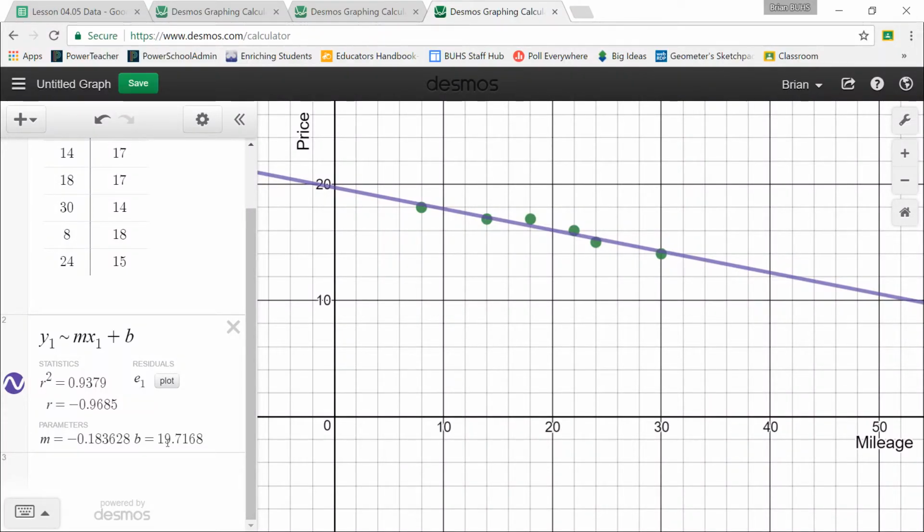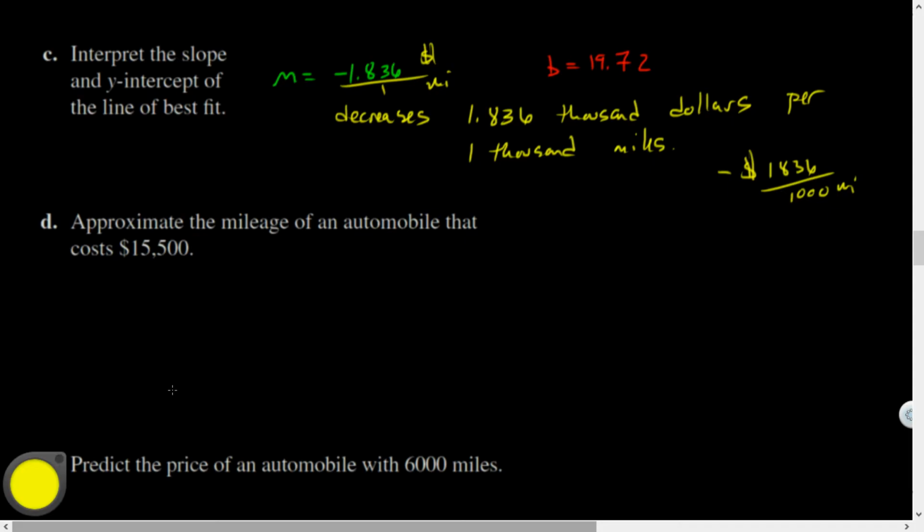Aha. I was off by a decimal. Dun, dun, dun. All right. That means it decreases by 1.836 thousand, or $183.60. Man, how embarrassing. My bad, friends. My apologies to you. I'll erase that decimal point and I'll draw in a prettier one.